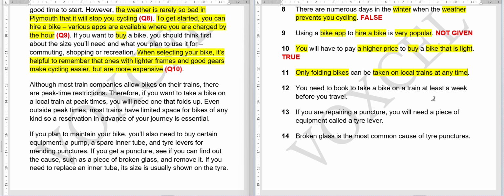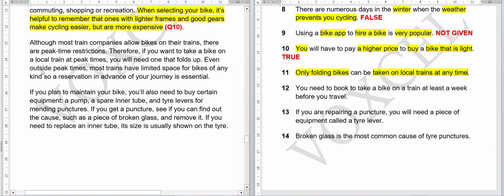If that is the case, then the answer will be true. But if any type of bike can be taken at any time of the day, like there is no restriction on the type of the bikes, then the answer will be false. And if we don't know what kind of bikes can be taken at any time of the day, the answer will be not given.